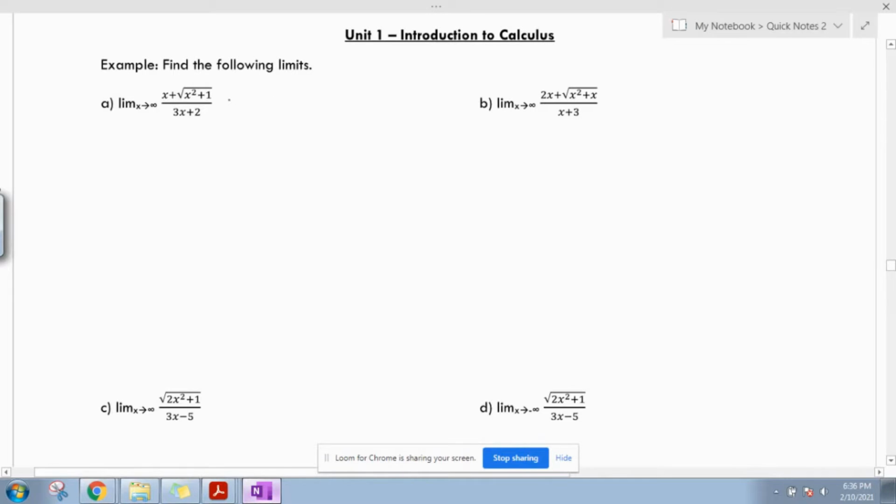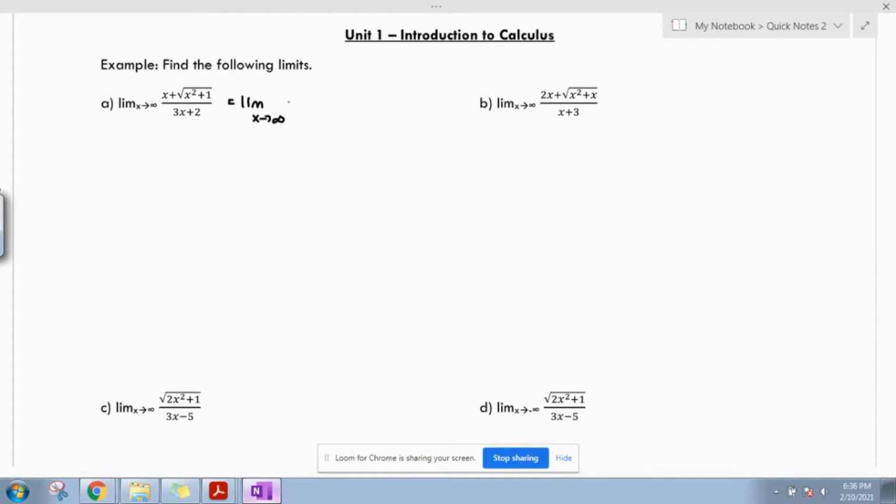Now, in this particular case, I'm just going to rewrite my question first. In my numerator, I've got x. But technically, if I look at my square root, if I take the square root of x squared, I'm still going to get x. So we're going to pull out the x squared from the square root, and use the fact that we can split up radicals.